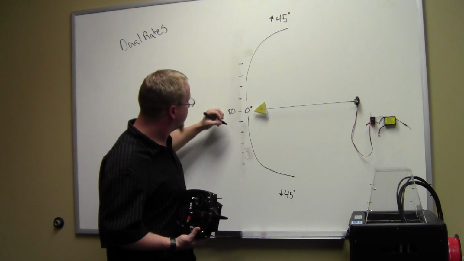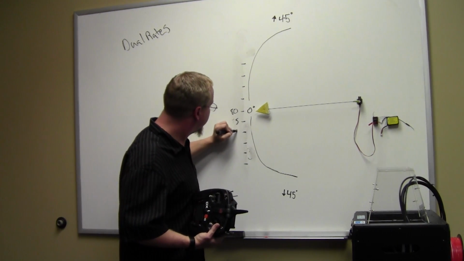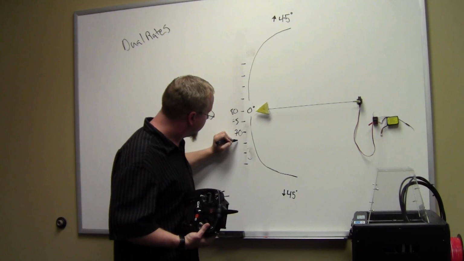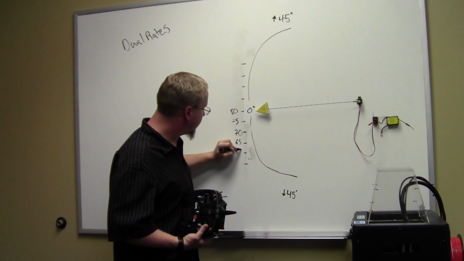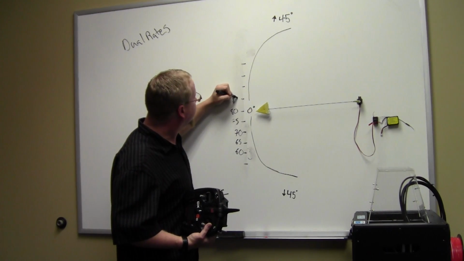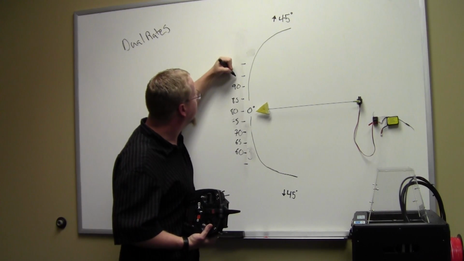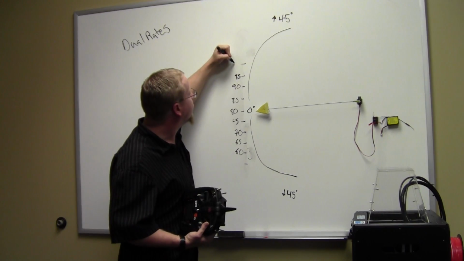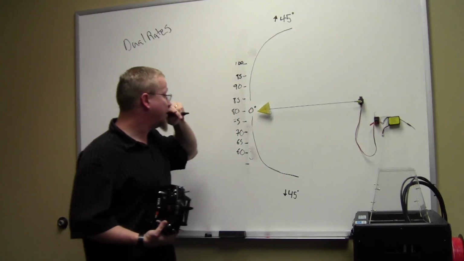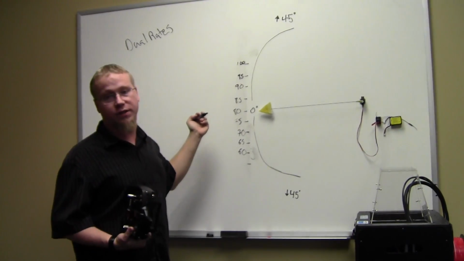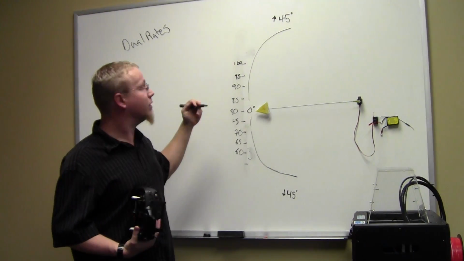So 80, 75, 70, 65, 60, and 85, 90, 95, 100. Our manual says go up 20 millimeters.